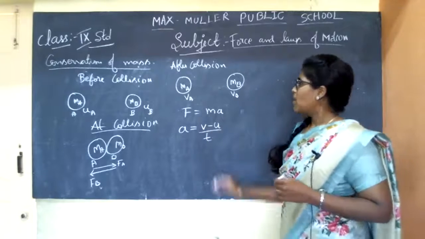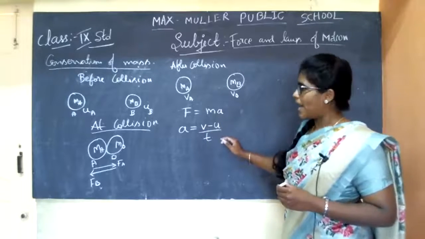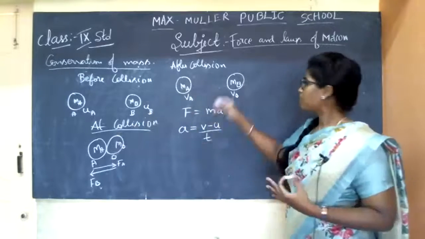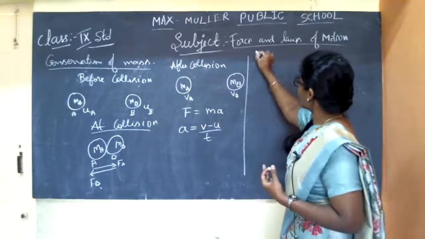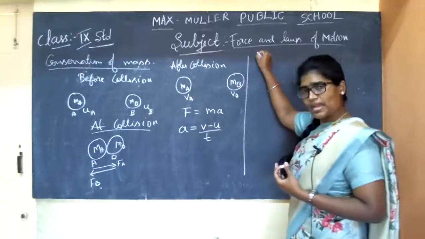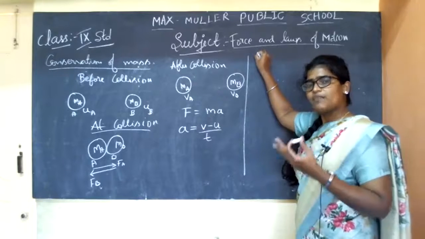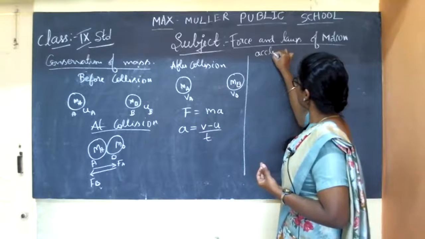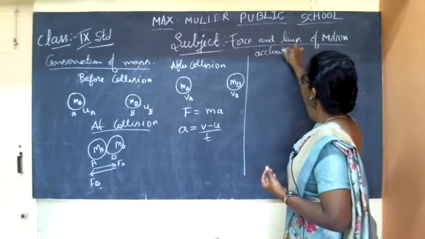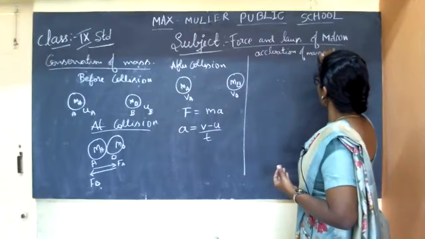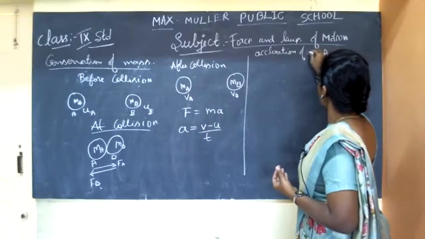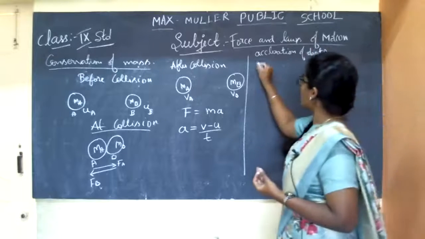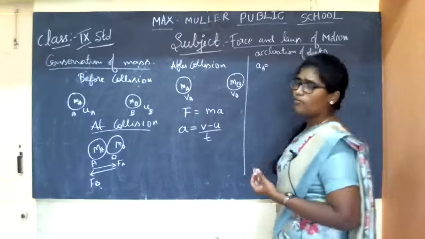Correct? Now, let us use these two formulas and find out the force of A and the force of B. Using the first one, we use the initial and final velocity to find the acceleration of object A. Acceleration aA will be equal to, how will you write?